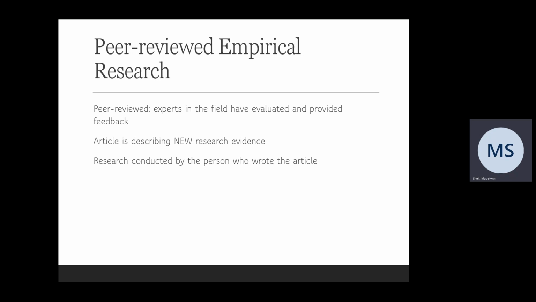And that summary is the article that you're reading. So when we're talking about a peer-reviewed empirical research article, we want an article that is written by the authors who collected that data, did the analysis, and wrote it up. And then that write-up has been through the peer review process to be approved and published.